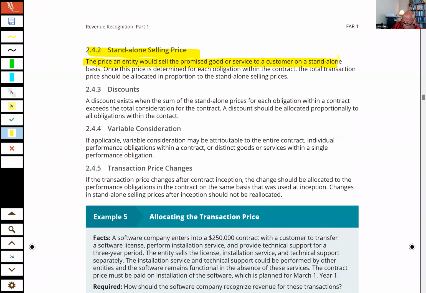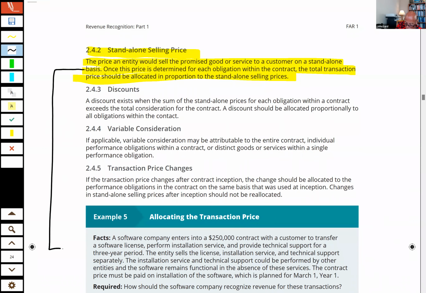Okay, so the approach that we're talking about here is where they're able to take those performance obligations and treat them as though they were standalone products. If you do that, now you've got what? A basis for allocating whatever the contract price is for those different performance obligations.